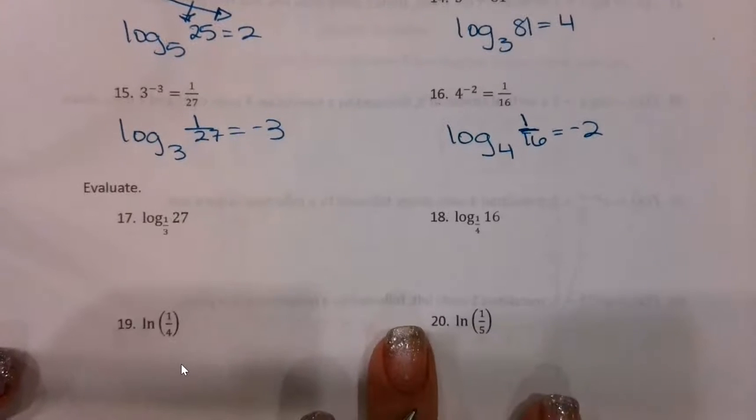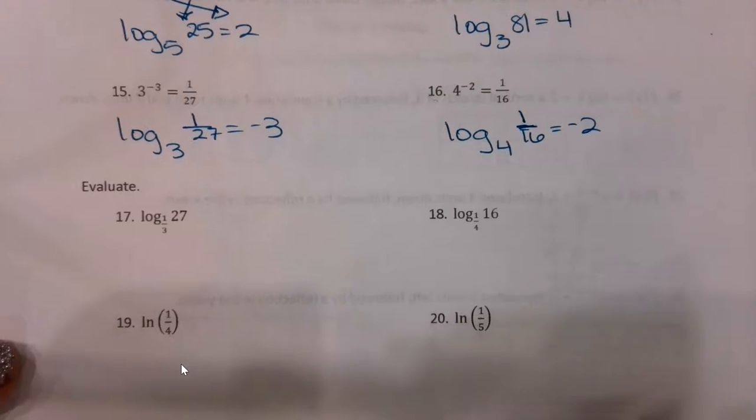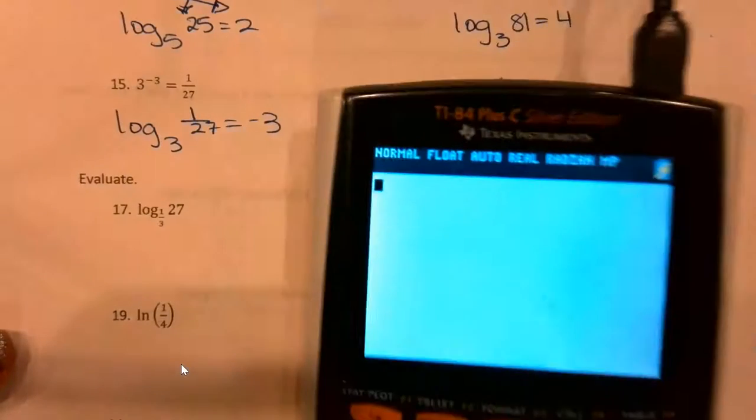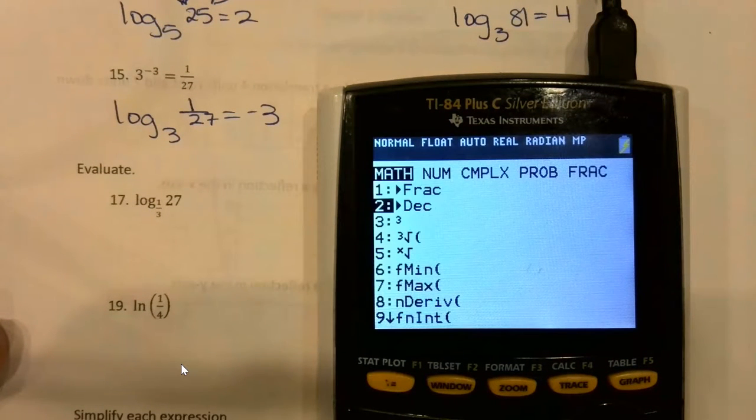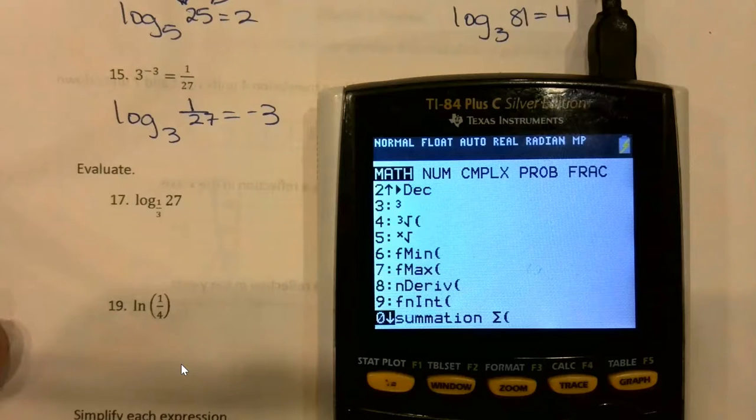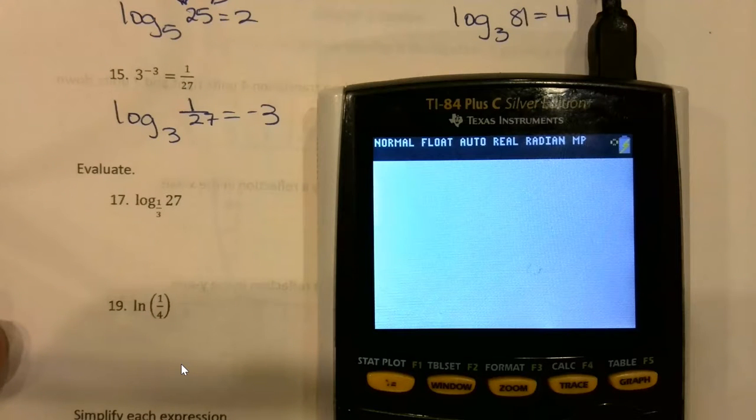Over here, it wants me to evaluate. I can type these directly into a yellow calculator, which I have finally charged so I can use. If I go regular math, and I scroll down, log base is a choice on the yellow calculator, not on my old calculator.